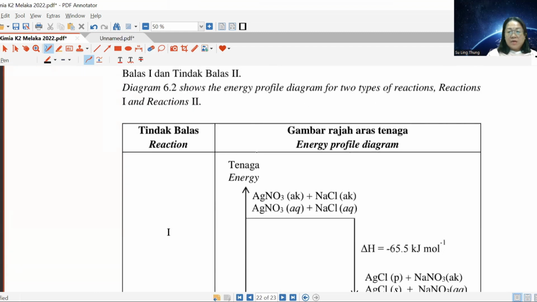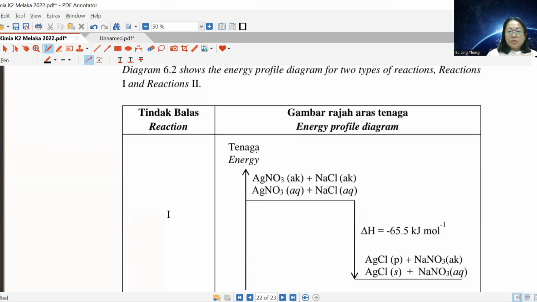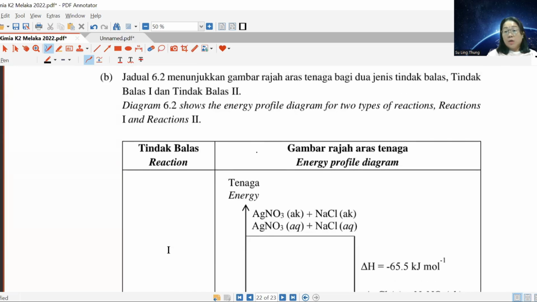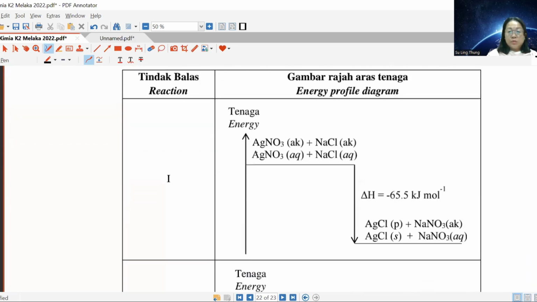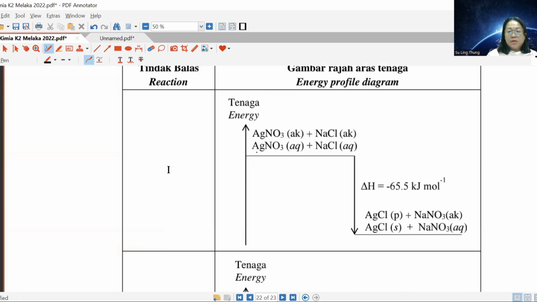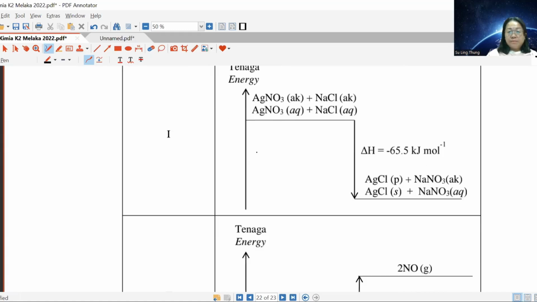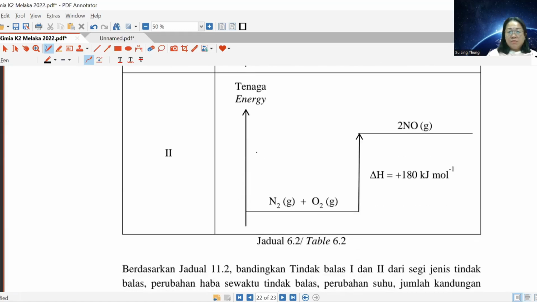Now you are given diagram 6.2, which shows the energy profile diagram for 2 types of reaction, reaction 1 and reaction 2. Reaction 1 is heat of precipitation, and reaction 2 is an endothermic reaction.